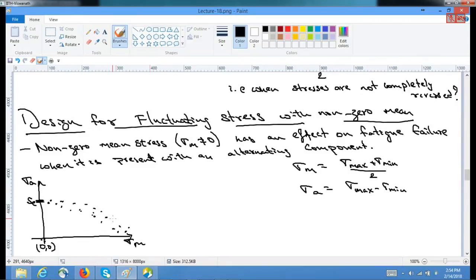Each one is a failure point. So these are the experimental or actual observations. In order to account for this, several people have come up with several theories. So we will try to understand some of those in today's class.